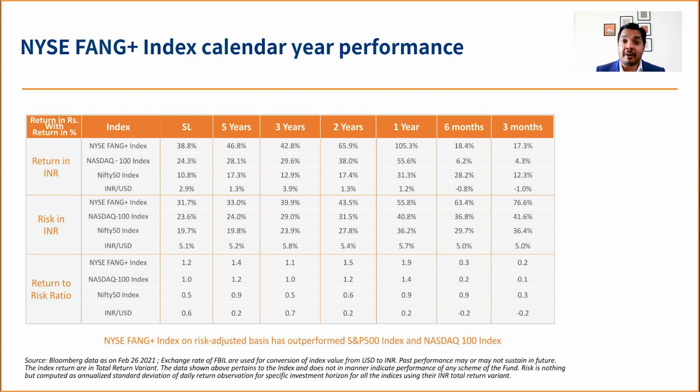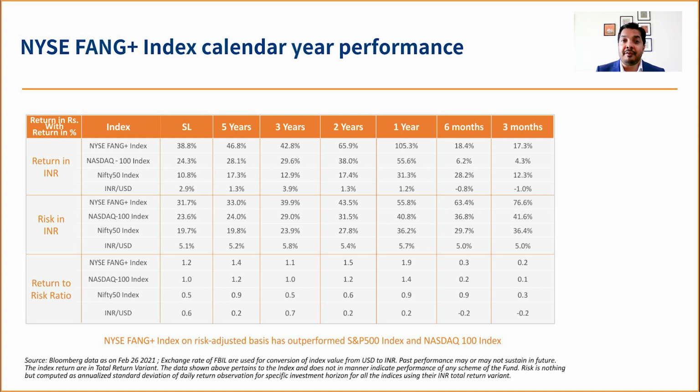50 index. While I would just like to add that this index is comparatively more volatile than the Nasdaq 100 as well as the Nifty 50 index, and the same can be seen in the slide. And if you look at 5-year data, then FANG+ Index volatility is 33% compared to 24% of Nasdaq 100 index and almost 20% of Nifty 50 index.